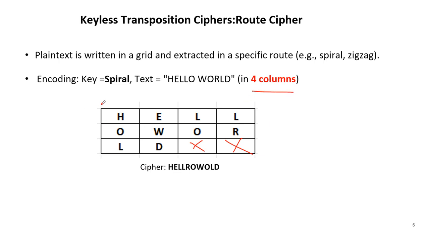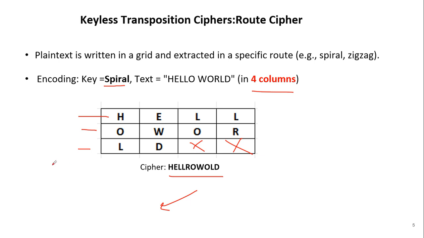So at encryption time, first we arrange row-wise, then we read using the spiral order. HELLROWOLD is sent as the cipher text.